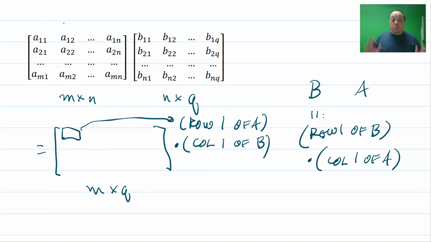There's no reason why these unrelated vectors, row 1 of A and row 1 of B, column 1 of B and column 1 of A, should result in the same dot product. So that's why, in general, matrix multiplication is not commutative.